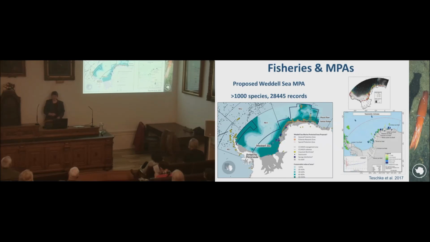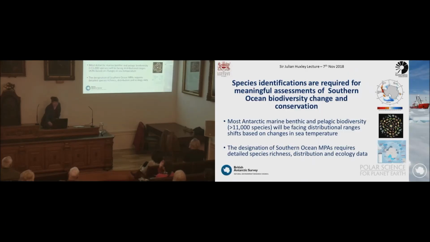But those countries that don't want to agree the MPAs just say your data are poor, you don't know your species. And this is why I say it is even nowadays so extremely important to have good species identifications for doing meaningful assessments of Southern Ocean marine biodiversity, because of the change in our climate and because of our conservation issues.